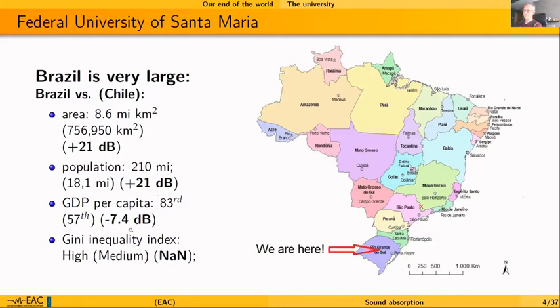Our GDP per capita in terms of ranking is lower, about 7.5 decibels. And I am sure that sooner or later in acoustics, we will get to a comparison of numbers that results in not a number. So the inequality index in Brazil is still high. Unfortunately, in Chile, it's a median according to the last data that I could look into.